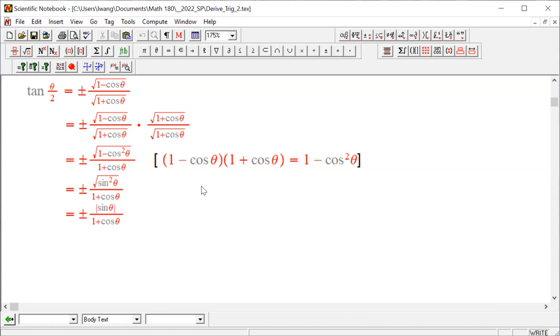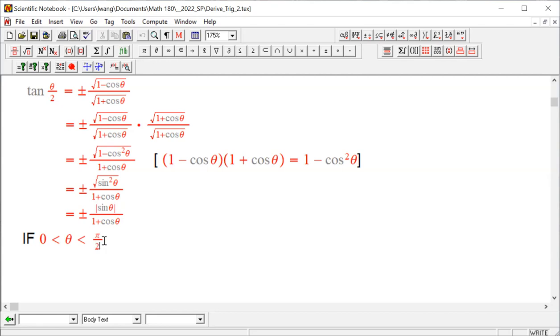Now, if theta is in the first quadrant, theta in the first quadrant means what? Theta is less than pi over 2.